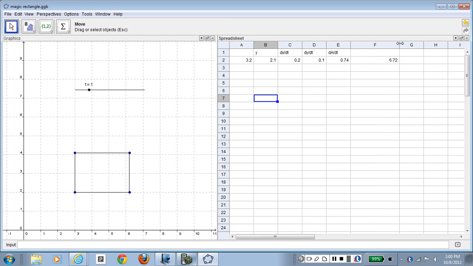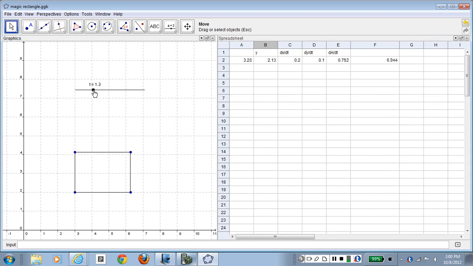Maybe it's giving me as many decimal places as necessary there. But if we're at a particular point, suppose we're at t equals 2.5 seconds into the future, and we're wondering what the area will be a second from now.